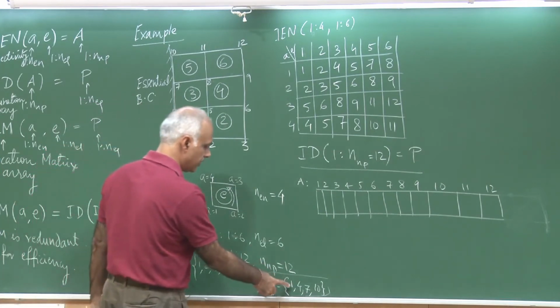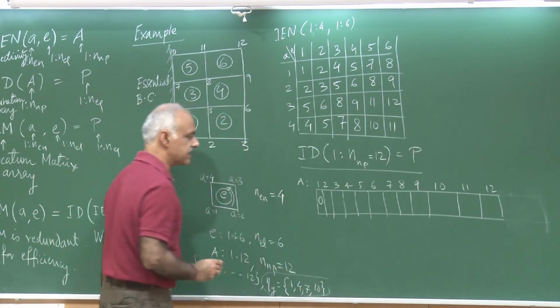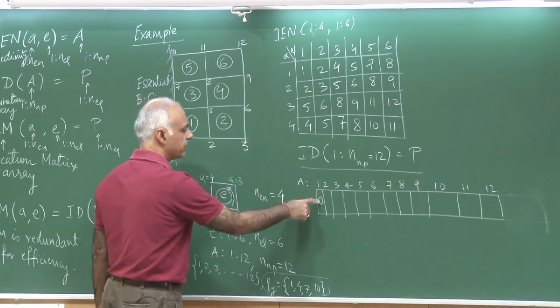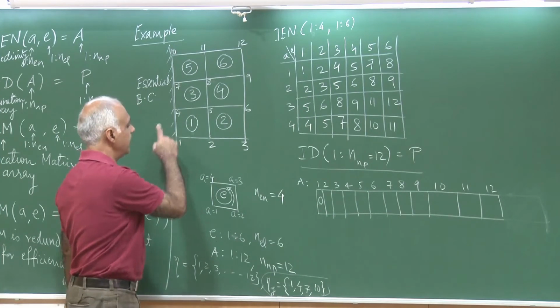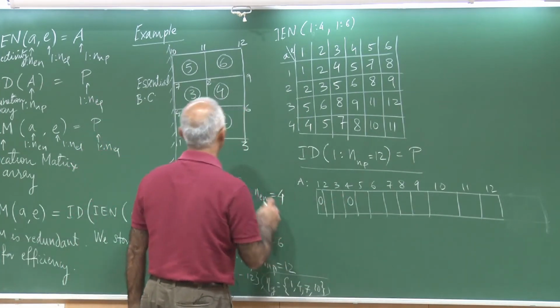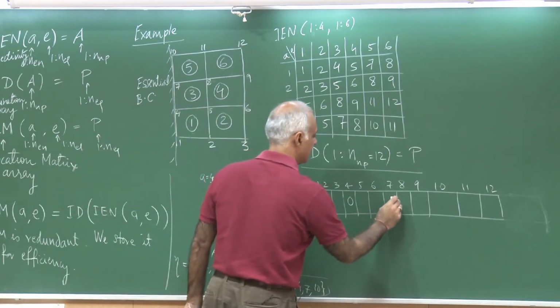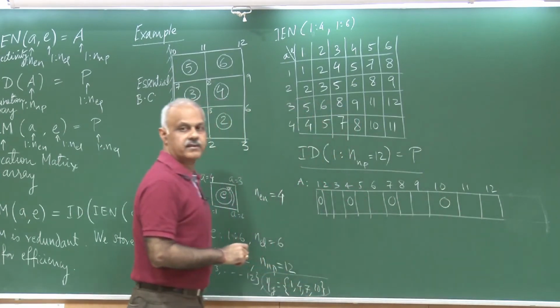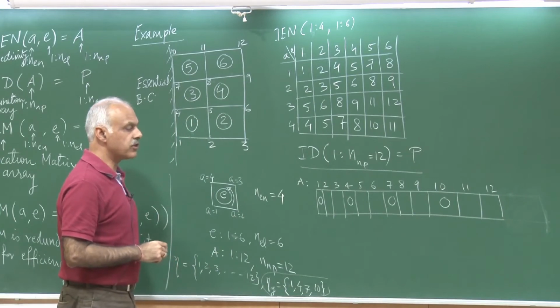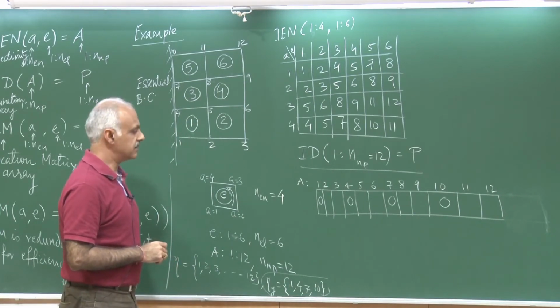So, I go to node 1 and put a 0 here. So, the ID of node 1 is 0, that means it does not have an equation number, and I do that for 4, I do that for 7, and I do that for 10. So, these are the 4 nodes for which there are no equation numbers.